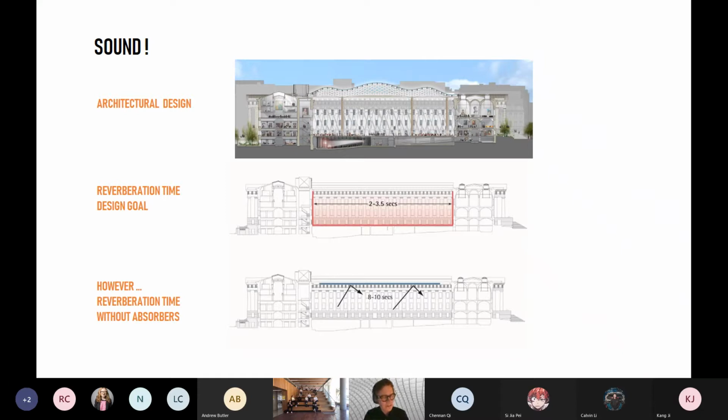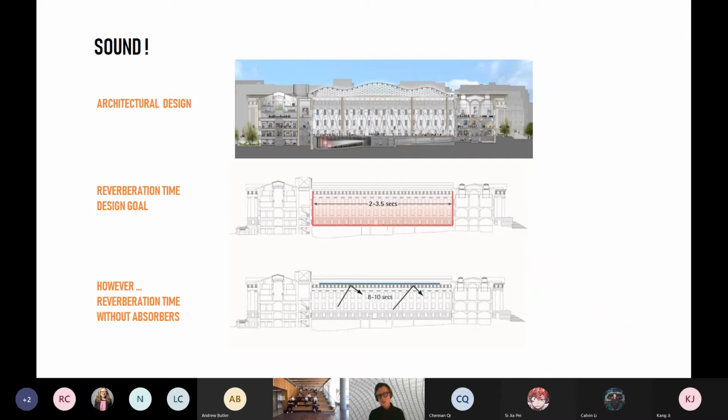However, for this space, the client demanded a space that could be used for lectures or musical performances, or gatherings with many people where they could have wine and cheese and so forth. And so there was a need to bring that reverberation time down. Not to have the reverberation time of a cathedral, but more in the range of a lecture hall.